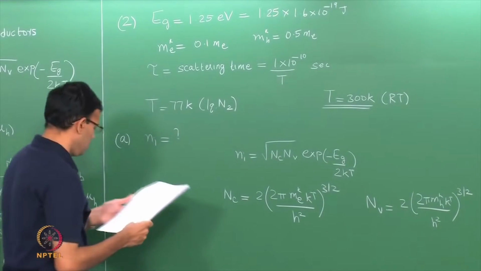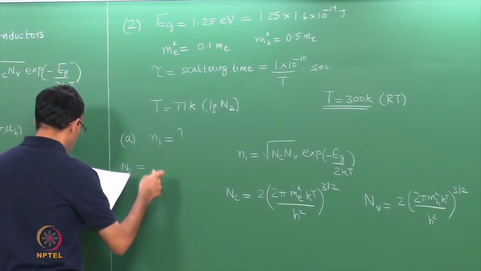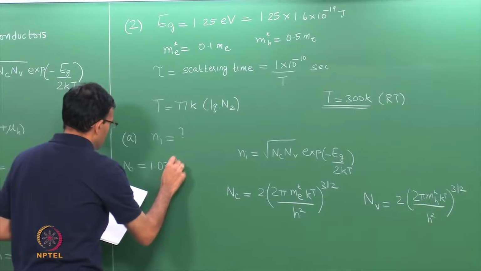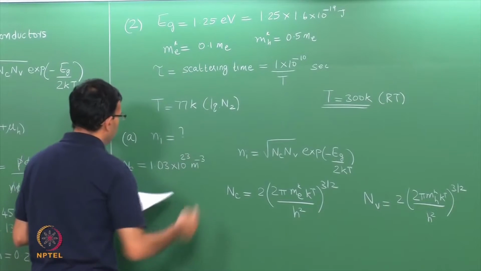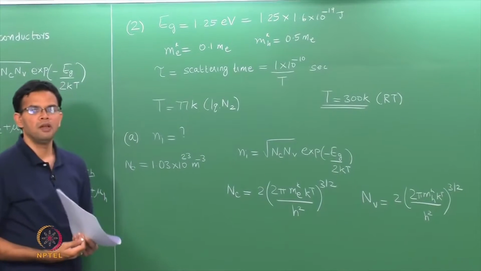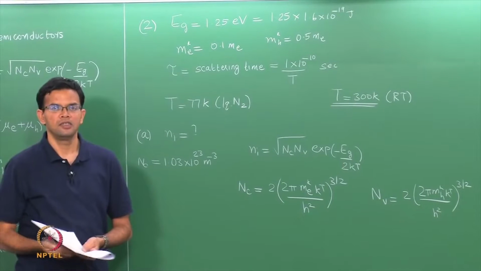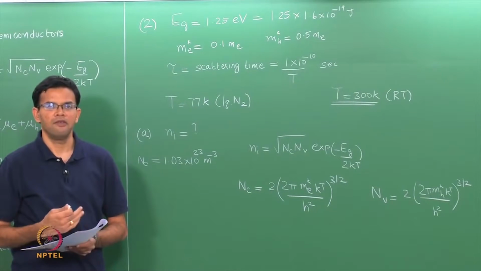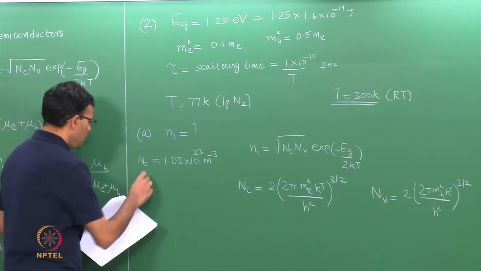So, Nc at 77 Kelvin is 1.03 times 10 to the 23 per meter cube. If you remember, the definition of the effective density of states is the total number of states per unit volume that is available for the electron or the hole to occupy.